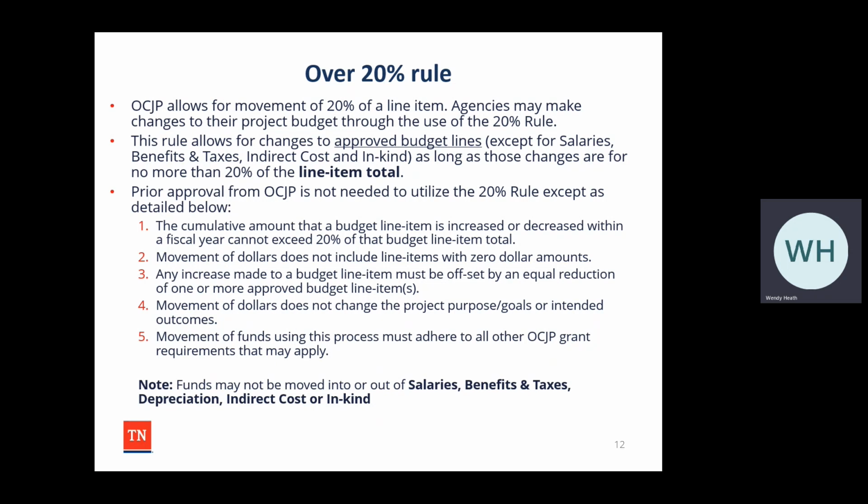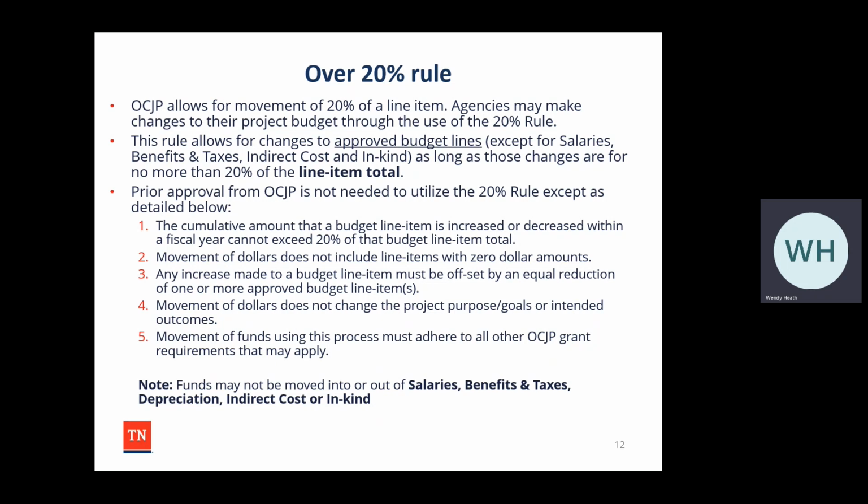Prior approval from OCJP is not needed to utilize the 20% rule, except as detailed below. The cumulative total amount that a budget line is increased or decreased within a fiscal year cannot exceed 20% of the total line. If it does, then you have to reach out to your program manager and they have to do an amendment. Movement of dollars does not include line items with $0 amounts. Any increase made to a budget line item must be offset by an equal reduction of one or more approved budget line items.